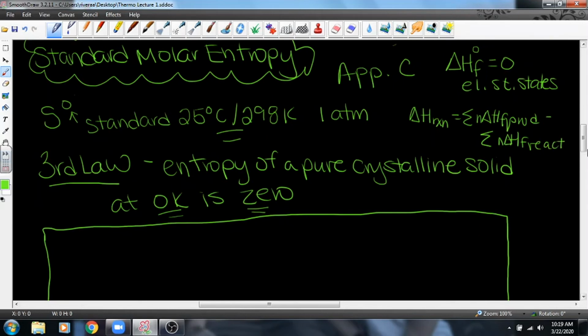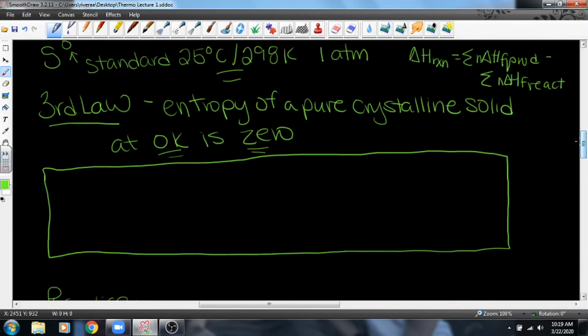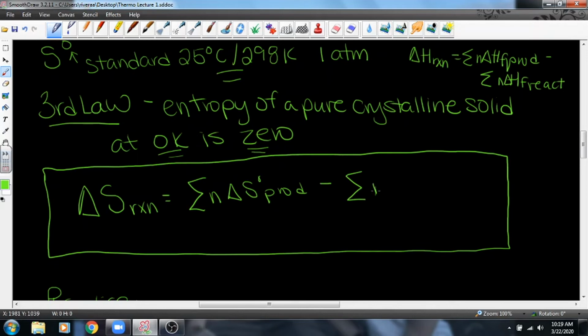We can do the same thing for delta S. So if I want to calculate the change in entropy of my reaction, all I have to do is sum up, remember n is moles, the standard molar entropies of the products minus the sum of the standard molar entropies of the reactants. And we just look those up, like I said, in Appendix C to get the actual numerical entropy change for the reaction.